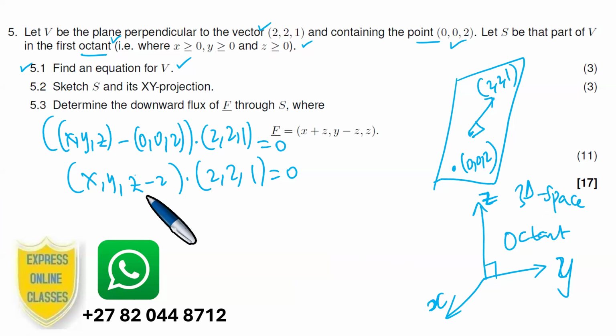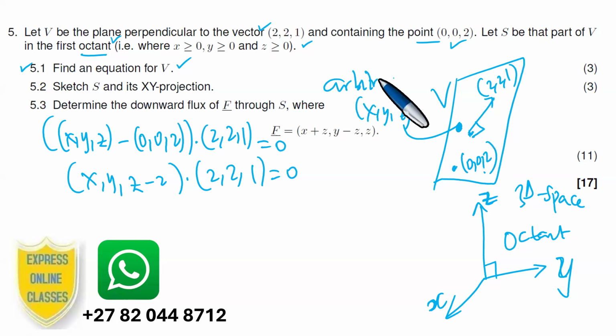Right. So if ever you have this, so you have been given this. This is the plane V, and the properties that are given with it. So you take a point XYZ minus another point. So this XYZ is just some arbitrary point on the plane.